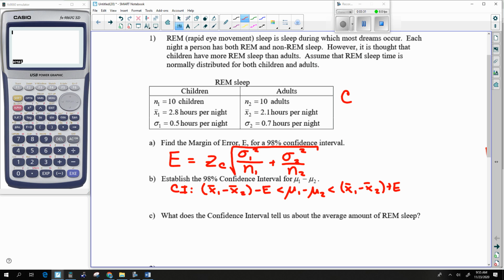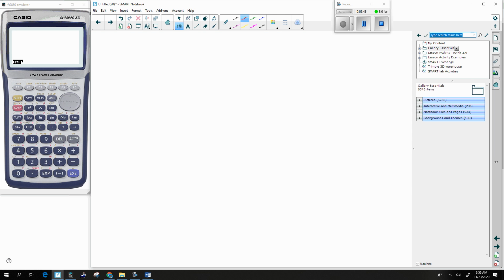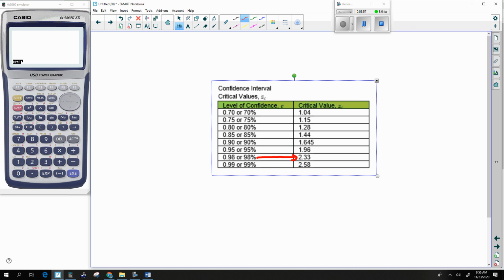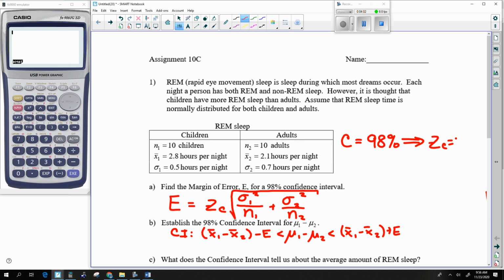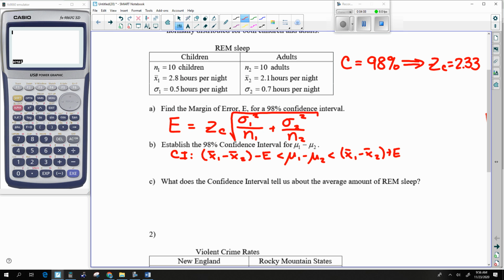Because I have a confidence, in this case, of 98%, I look at that little box at the bottom of the Z table for 98%, and that is going to let me know the ZC in this particular problem. 98% comes with a ZC of 2.33. So 2.33 is the ZC in this situation.